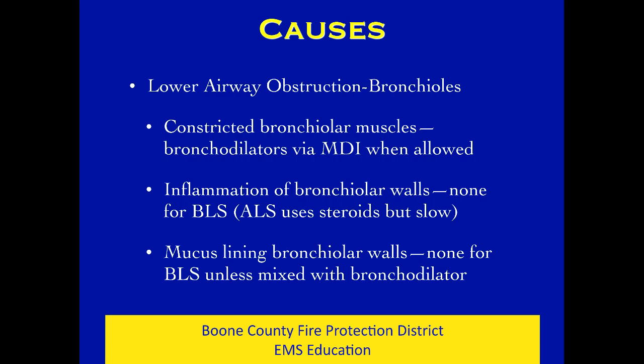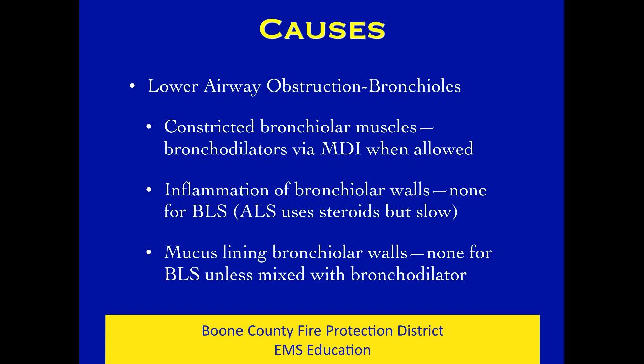But ipratropium is a medicine that is a parasympathetic antagonist, so that's another big mouthful. But what that means is that there is some benefit to the patient in terms of dealing with mucus if their MDI, bronchodilator, is a mix that includes ipratropium.